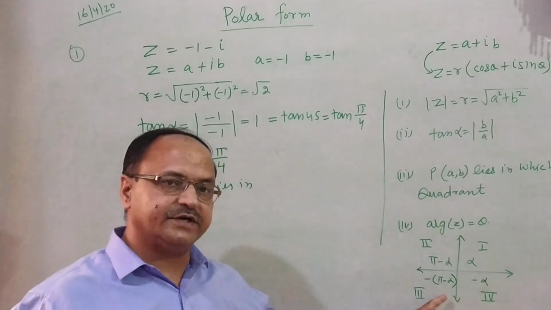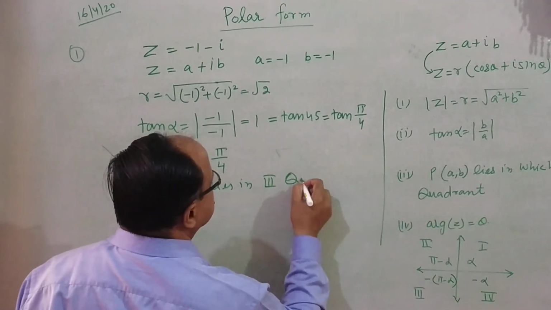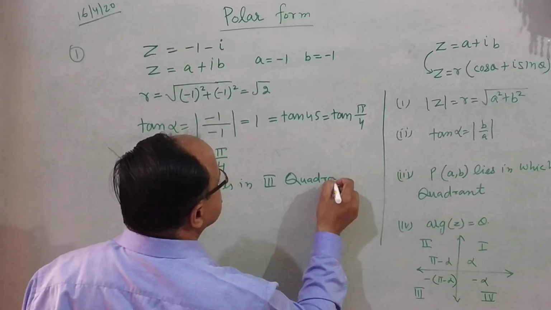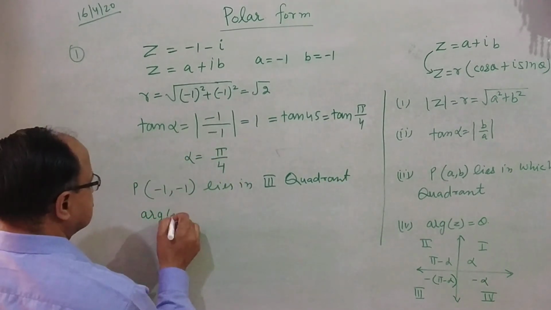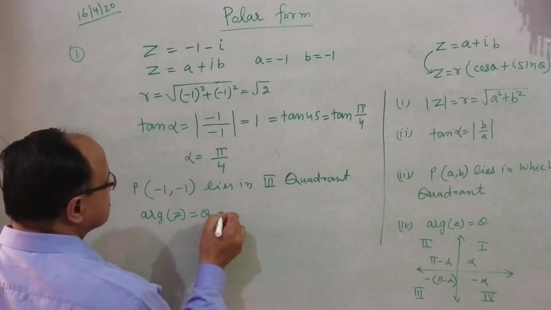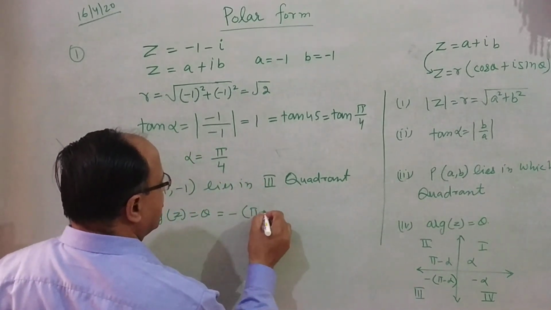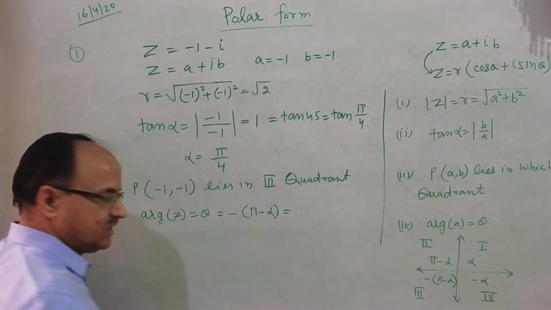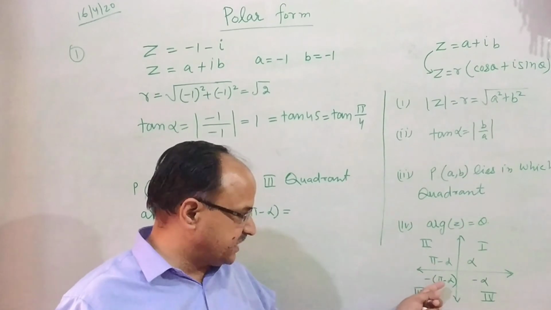It lies in the third quadrant. And in the third quadrant, the argument of z, you know, is minus pi plus alpha.